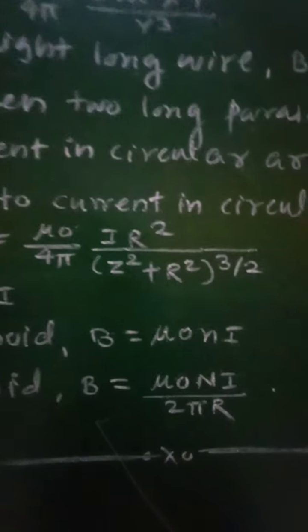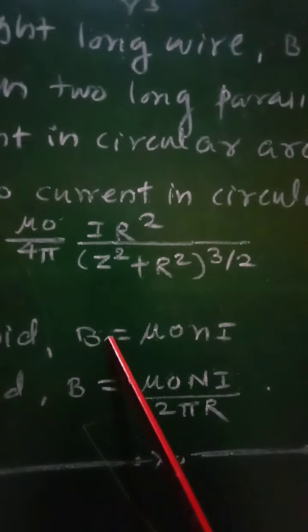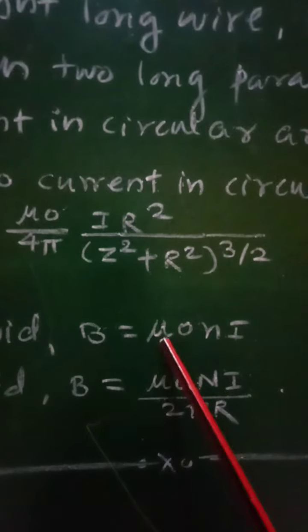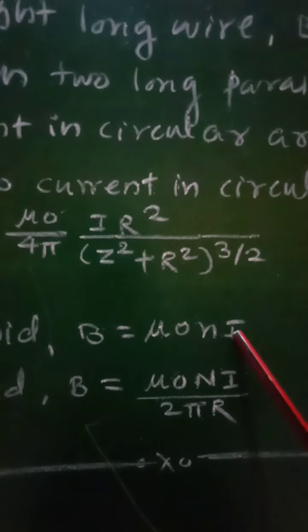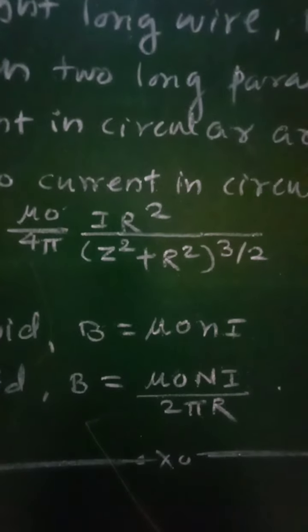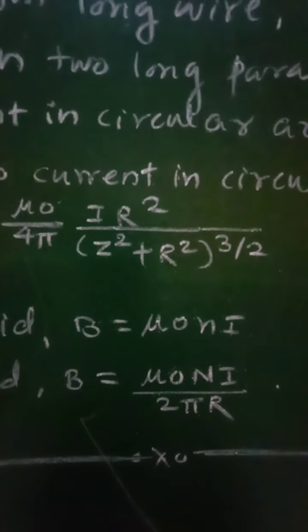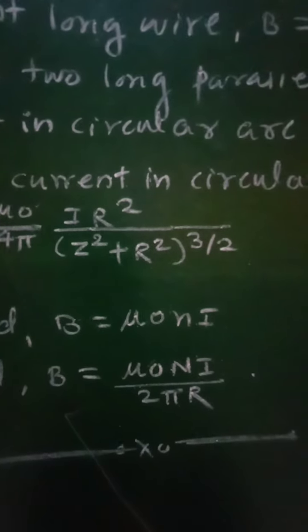Due to the solenoid, the magnetic field B is equal to mu 0 n I, where n represents number of turns per unit length of that solenoid.